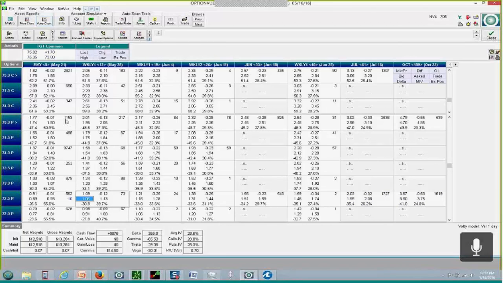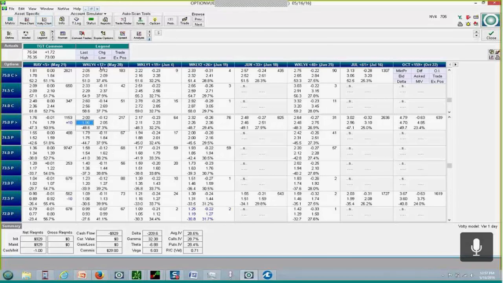So if I want to buy the 75 put, which is at the money, that's going to cost $1.77. Now using OptionVue, I can see that my net requirements is going to come out to about $929. Okay? Following me so far? Any questions?